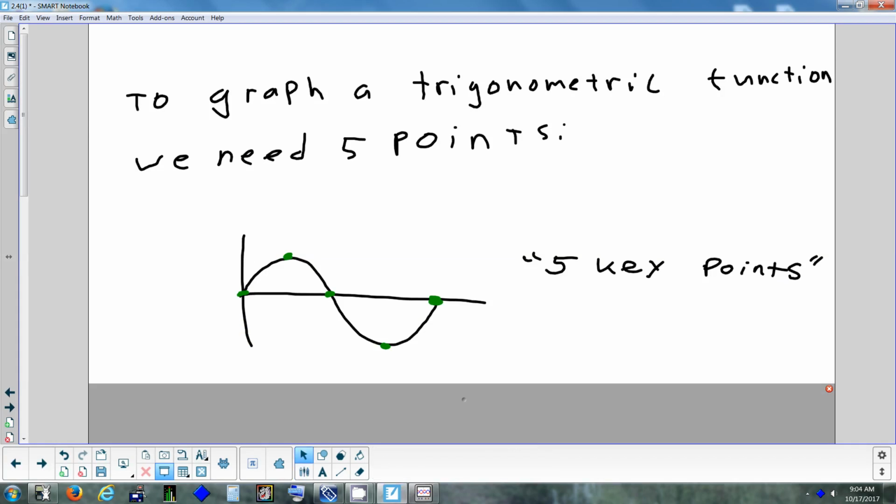So what I like to do is find where it starts, where it stops, the highest point, the lowest point, and what's right in the middle. If you can find those 5 points, that's going to give you a pretty good sketch.